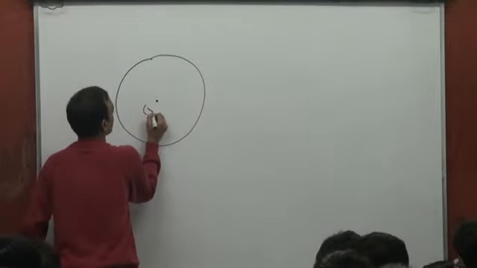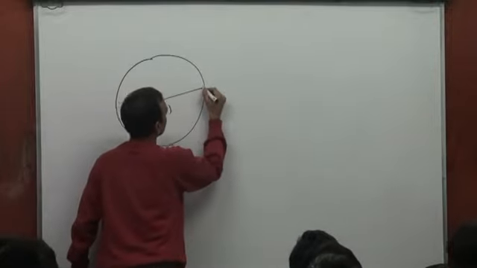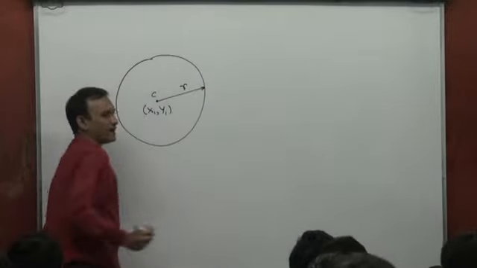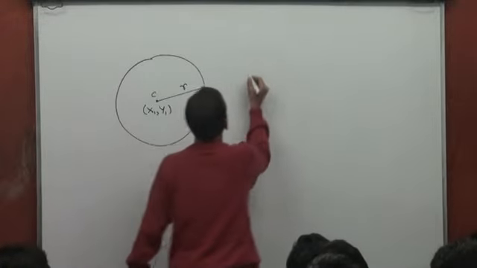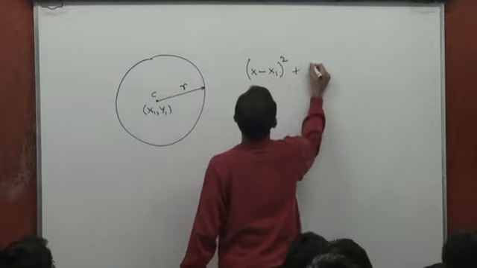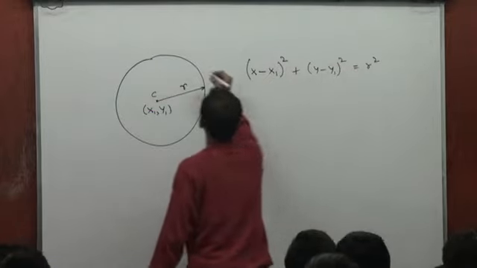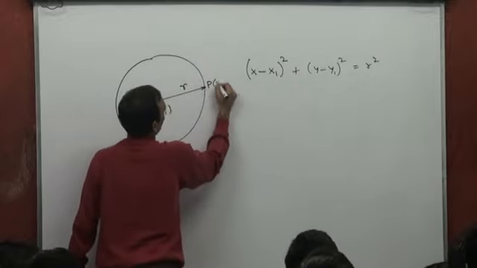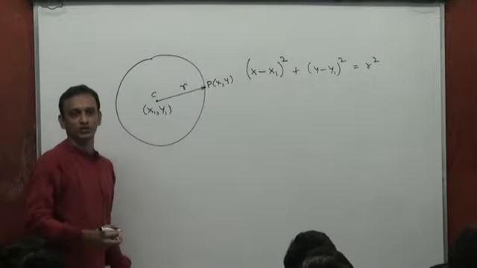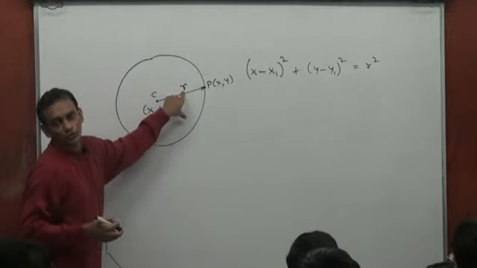So, x1, y1, the center of a circle with radius r, is given by x minus x1 whole squared plus y minus y1 whole squared equal to r squared. What it means is, if x, y be any point on the circle, then its distance from x1, y1 will be equal to the radius.